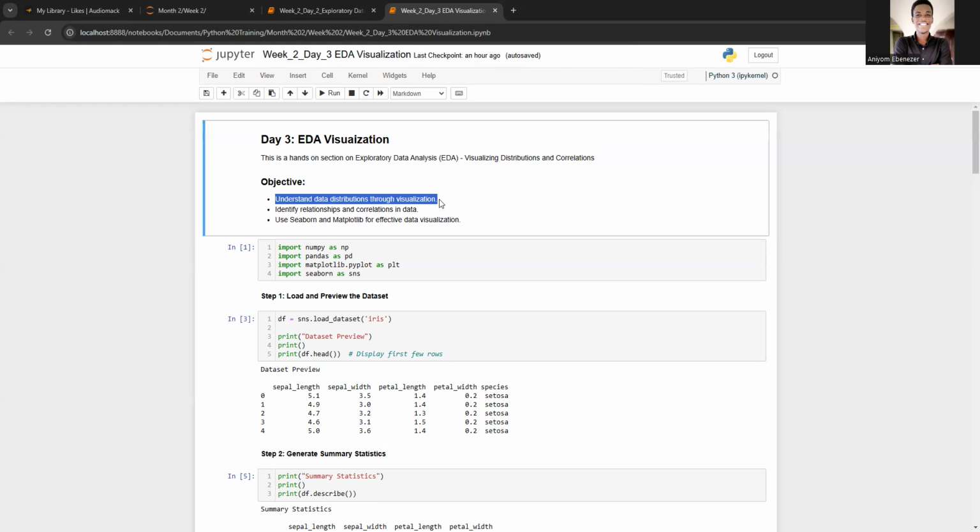I think in our last video we talked about how we can create data with the use of NumPy arrays, right? But for today, it's going to be about understanding that data you've created, the distribution inherent in that data, and that will be done with the use of visualizations.